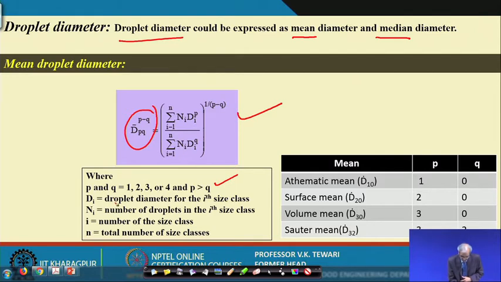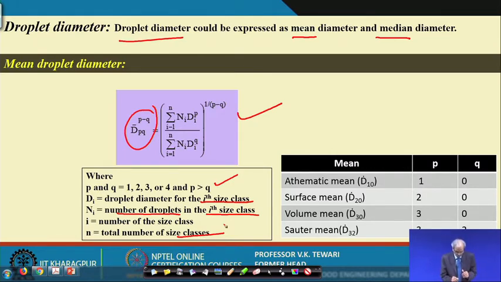So, Di talks of the droplet size of the ith size class. Similarly, Ni talks of the number of droplets in the ith size class. This is what is explained here. Then i is the index of the size class, and N is the total number of size classes.